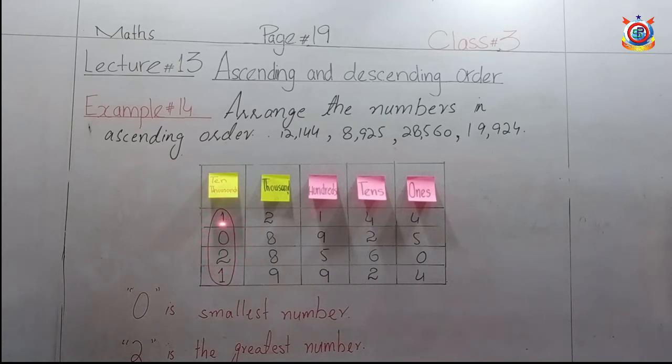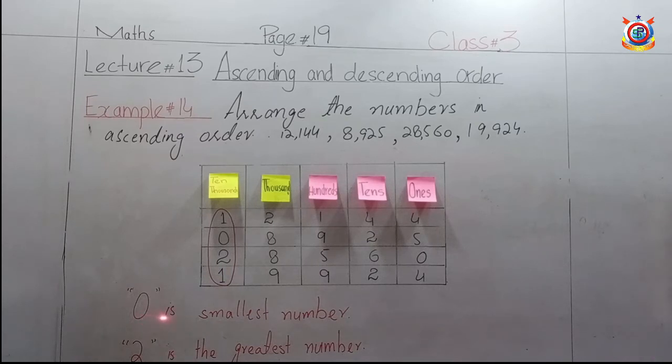Now we will compare the numbers in 10,000's place first. First, you will find the smallest number, that is 0. Therefore, 8,925 is the smaller number. And look at 2. 2 is the greatest number. Therefore, 28,560 is the greatest number. And the remaining 2 numbers have the first digit 1 and that are same.